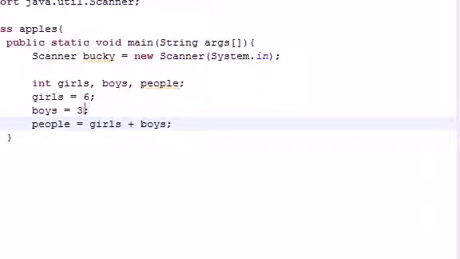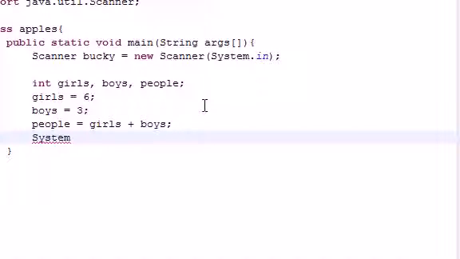Now I showed you guys how to use this math operator in the last one, the plus sign, to get a simple sum. So now the sum of girls plus boys is stored in people.